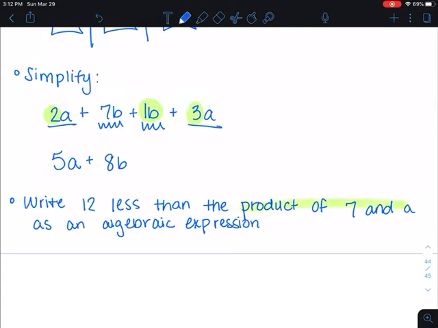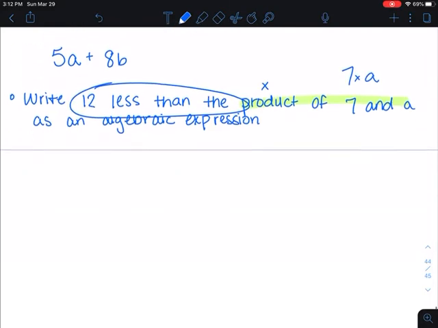Well, first and foremost, you know you have the product of 7 and a. Product means multiplying, so you have 7 times a, and you're going to take 12 less than that. So we have 7 times a, which is the same thing as just 7a, and we're taking away 12. So we minus 12, so therefore we have 12 less than the product of 7 times a.